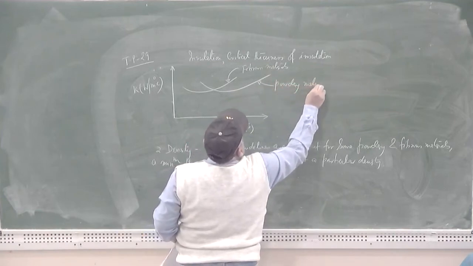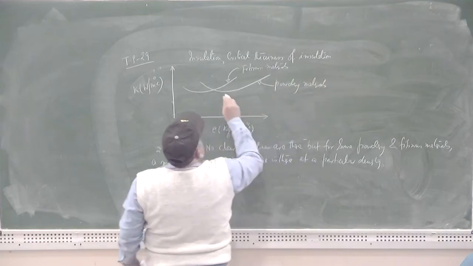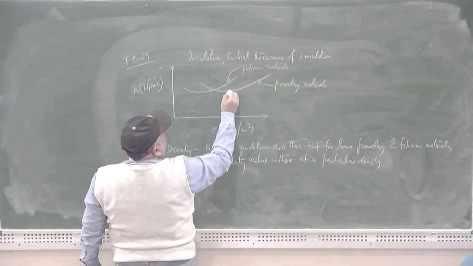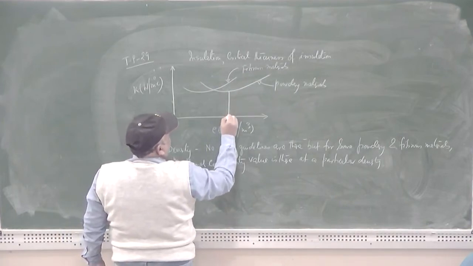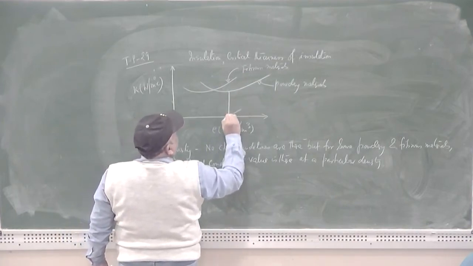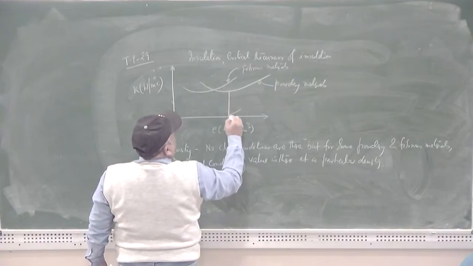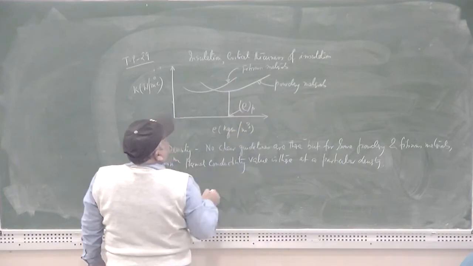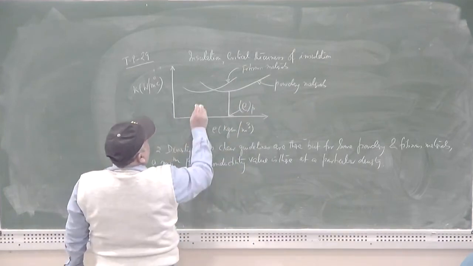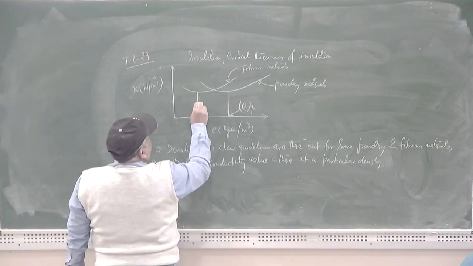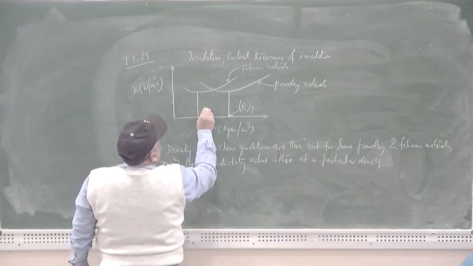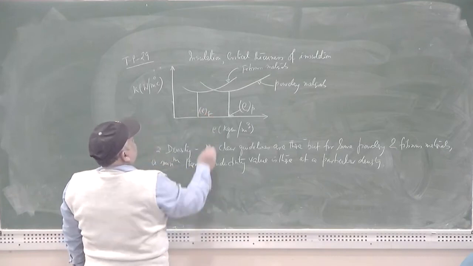You will find that both have a minima, and this minimum value of thermal conductivity corresponds to a given value of rho for the powdery materials, whereas in the case of fibrous materials as well, you will find a minimum value of thermal conductivity corresponding to a particular density value.